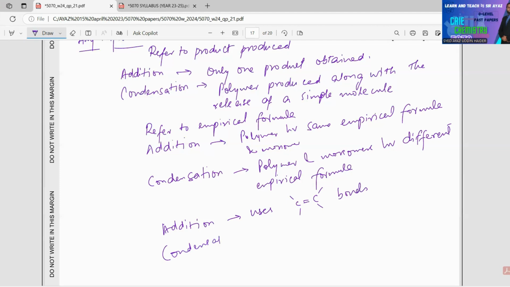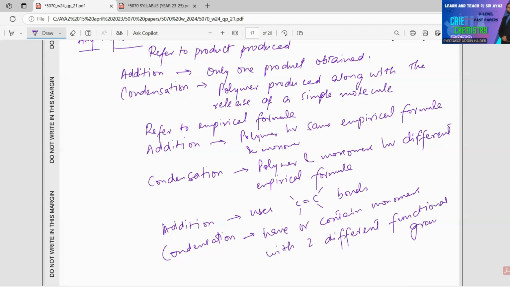Condensation have or contain monomers with two different functional groups.